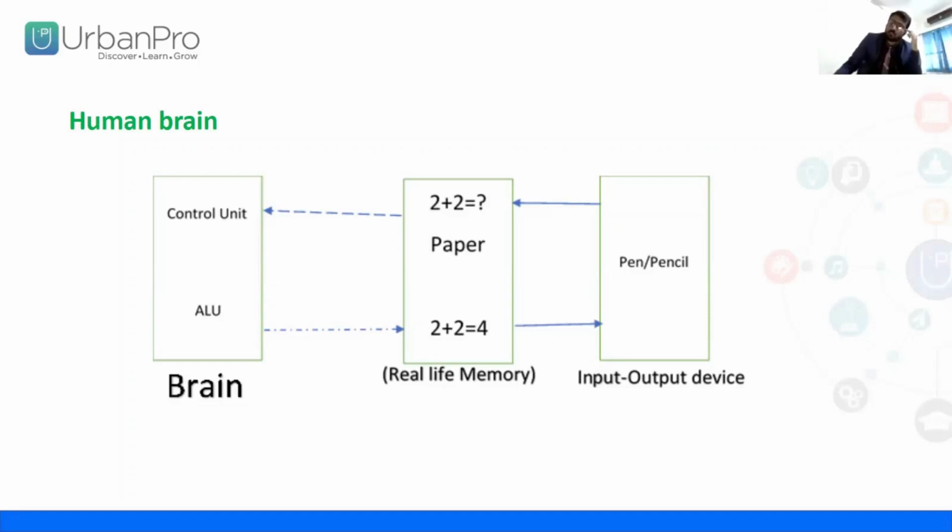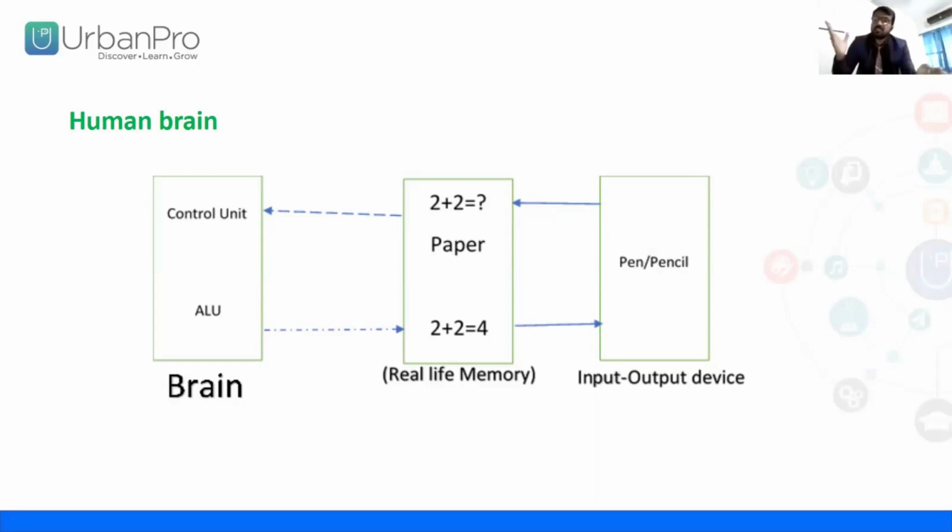Next, directly it is going to your brain. Your brain is divided in two parts, control unit and arithmetic logic unit. Lots of instructions are coming towards you, and the control unit is controlling the flow of real-life instructions. So at present, your brain is giving focus to 2 plus 2 equals what?